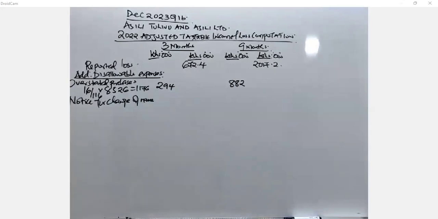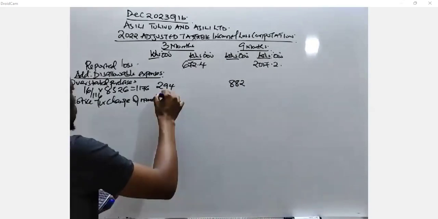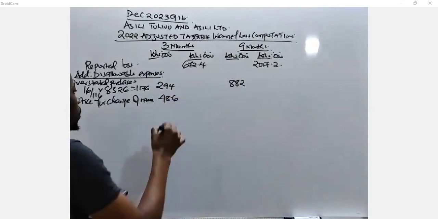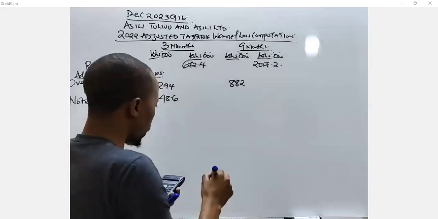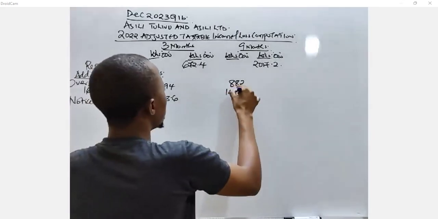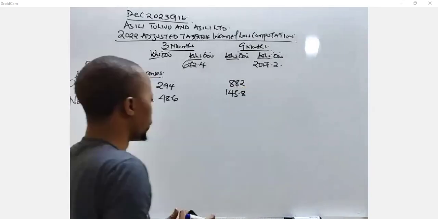The notice for the change of the name is 194.4. We multiply by 3, divide by 12. We are getting 48.6. Whereas on the other side, 194.4 minus my answer, getting 145.8.